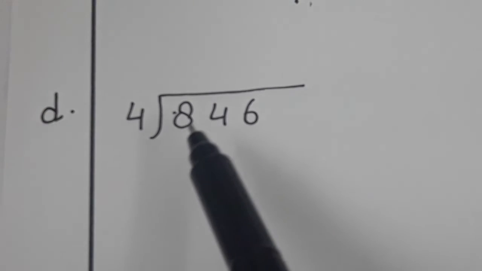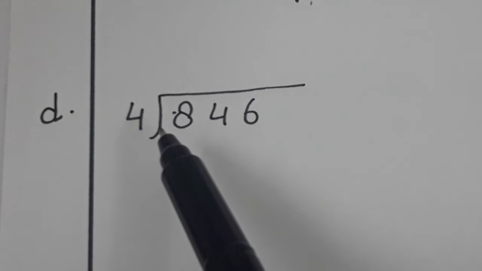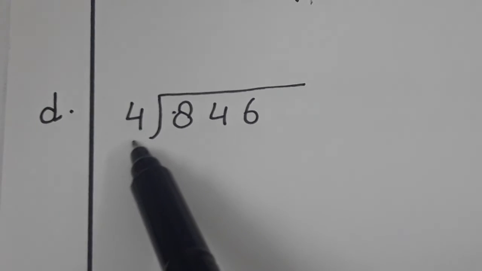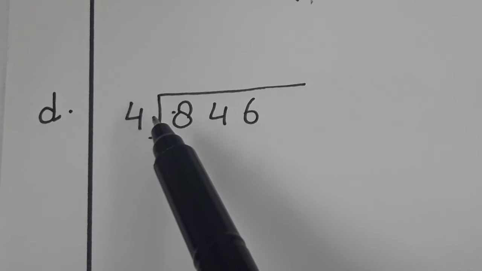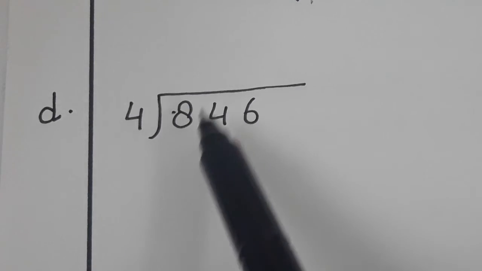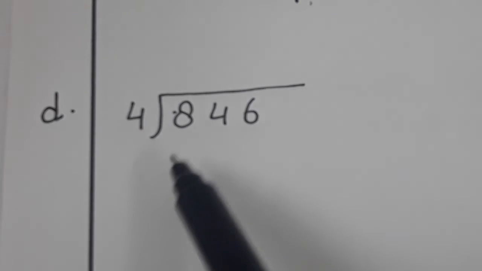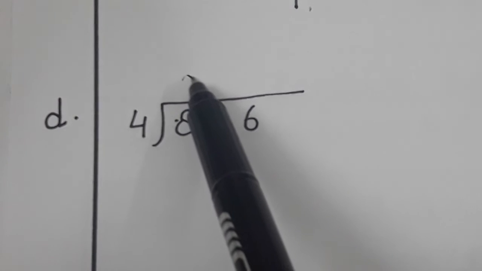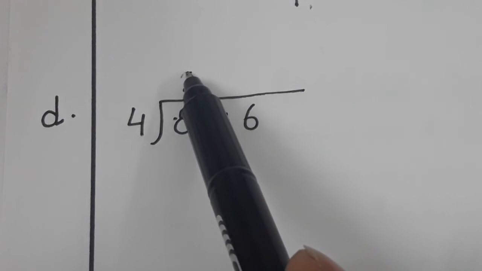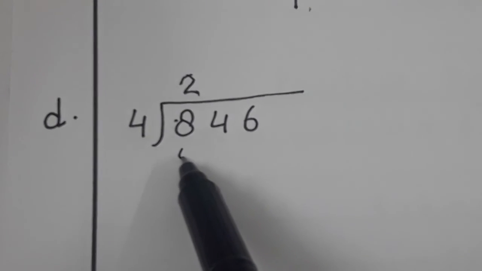Okay students, now 846 divided by 4. So read the table of 4 to get the answer 8. 4 ones are 4, 4 twos are 8. So we get the answer 4 twos are 8.